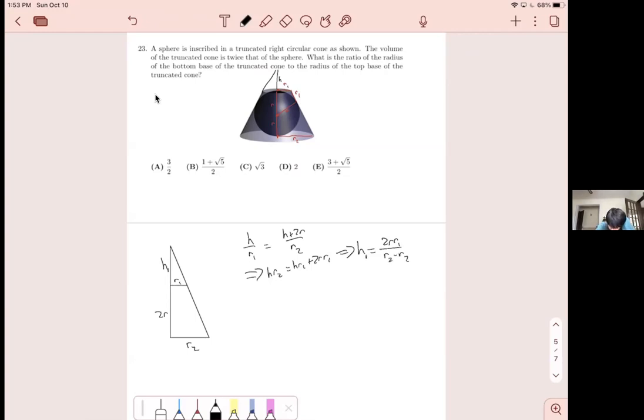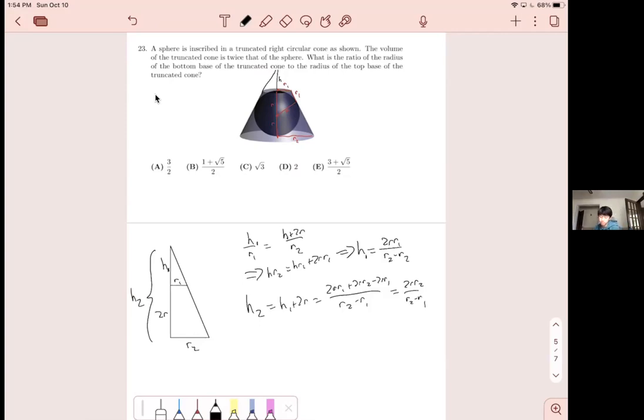And I'm actually going to call this H1. And then if H2 is the entire thing, it equals H1 plus 2R, which equals 2R2 over R2 minus R1.